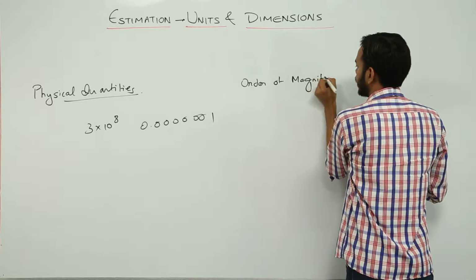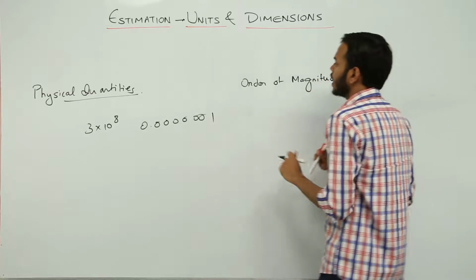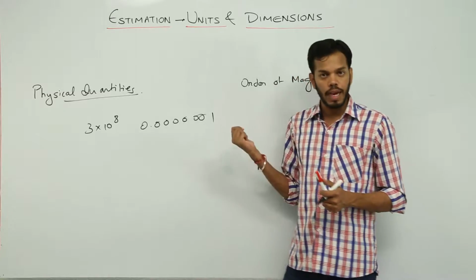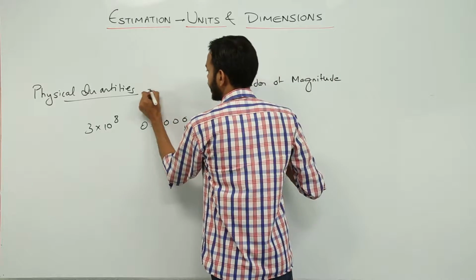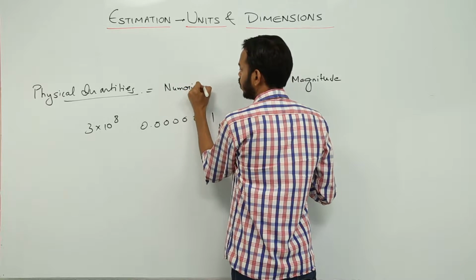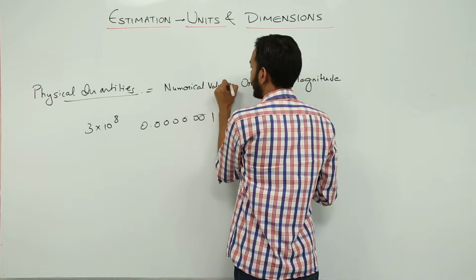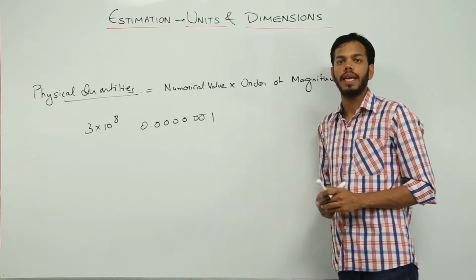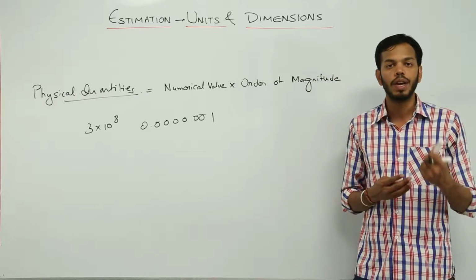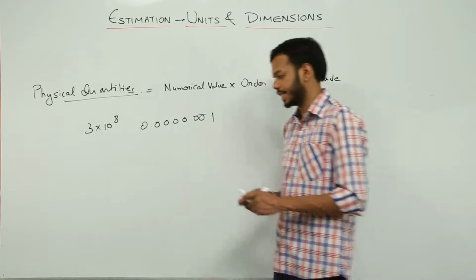So you will get it by example. A physical quantity is not just represented by order of magnitude. Actually a physical quantity is a numerical value, which is then multiplied by the order of magnitude, which clearly gives us an idea about how big or how small the physical quantity is.